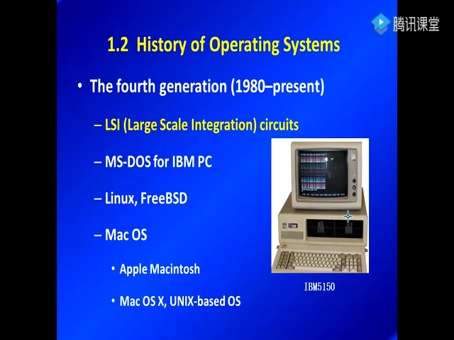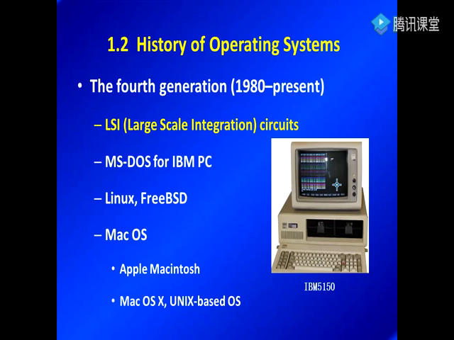because very soon we move on to the next generation of computers. I was very familiar with this kind of PC because I used some computers like this when I was in college, when I was in university.